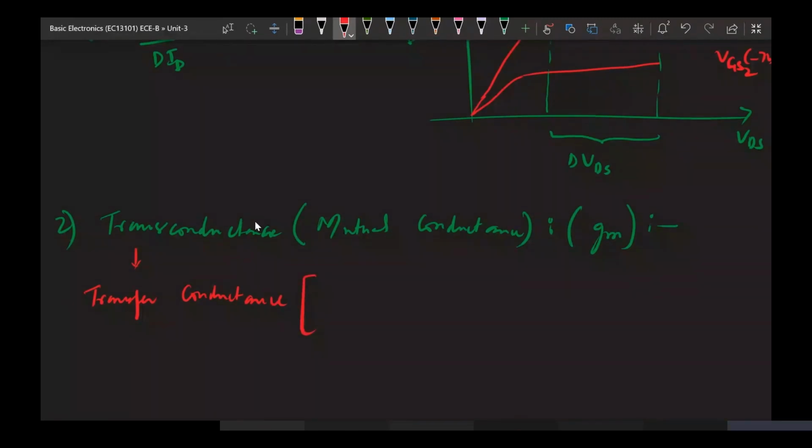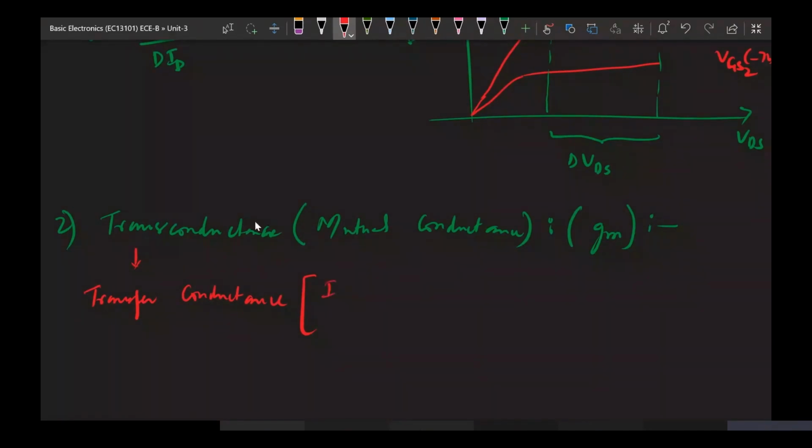Conductance means the relation of current and voltage, but in the case of JFET we have only one current, that is the drain current. If drain current is there, then the voltage will be an input voltage, and the input voltage is VGS. Transfer means whatever the current and voltage are, one will be from the input side and another from the output side.